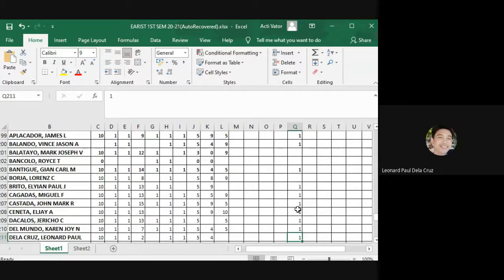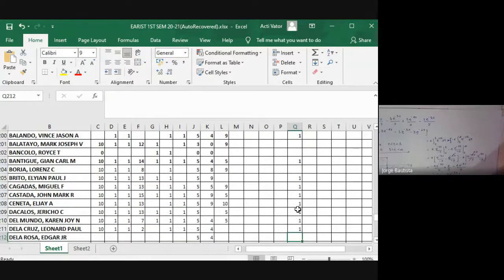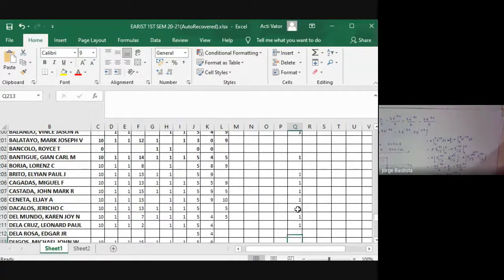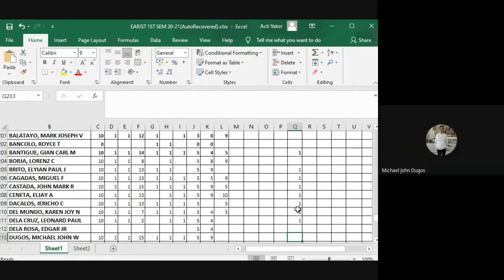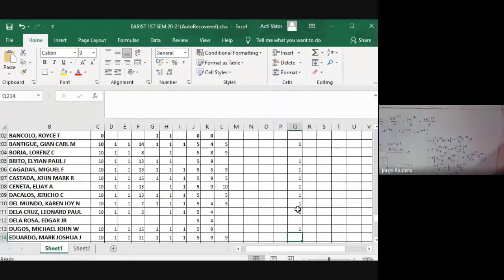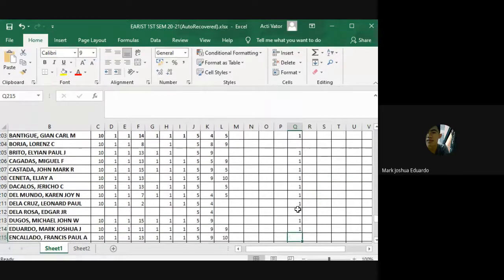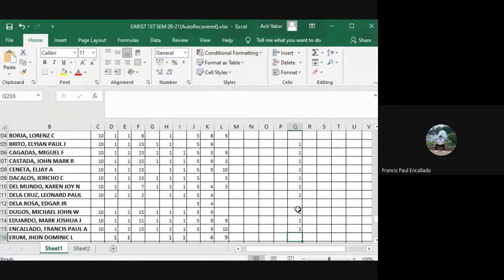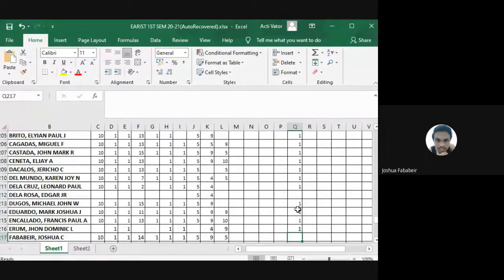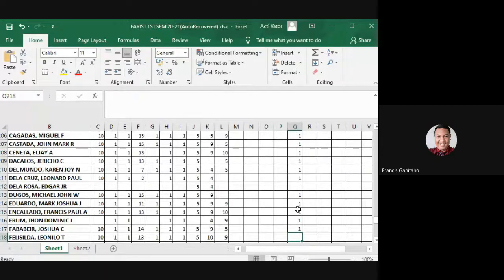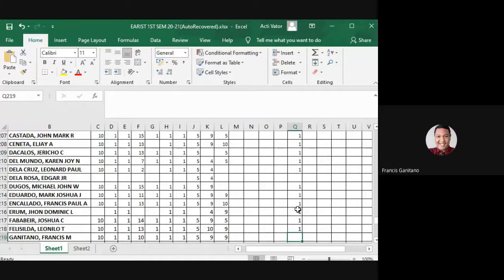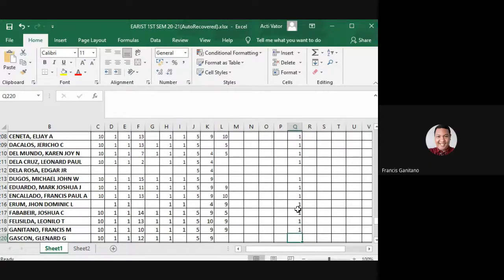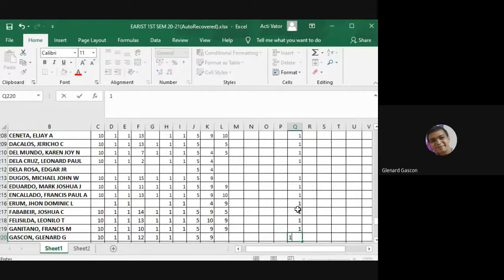Present, sir. De La Rosa. Lugos. Present, sir. Eduardo. Present, sir. Encaliado. Present po, sir. Nirom. Present po, sir. Cababier. Present, sir. Erisilda. Present, sir. Pelitano. Present, sir. Escon. Present, sir. Gonzales.